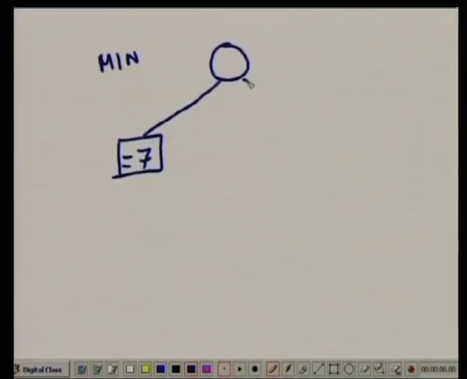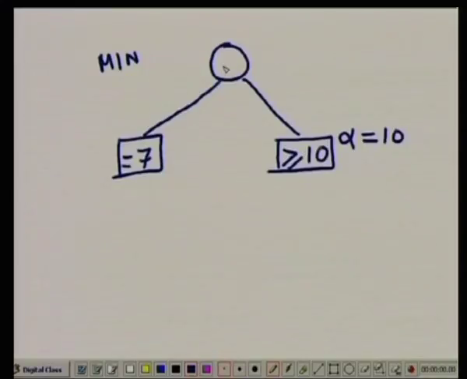Now, suppose min has another path to a max node whose alpha value is equal to 10, which means that its minimax value is greater than or equal to 10. Now, since min is a minimizing node, min knows that this path is better than this path, because in this path the actual value is going to be greater than or equal to 10. So, search can be pruned at this path.